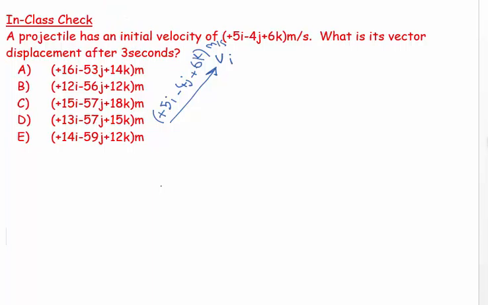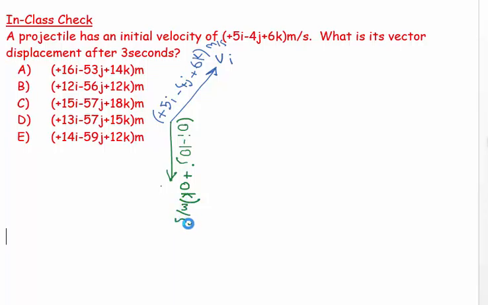So let's remember that we also have an acceleration, and because it's a projectile, the acceleration is going to be pointing downwards, and this is going to be 0i minus 10j plus 0k meters per second squared.